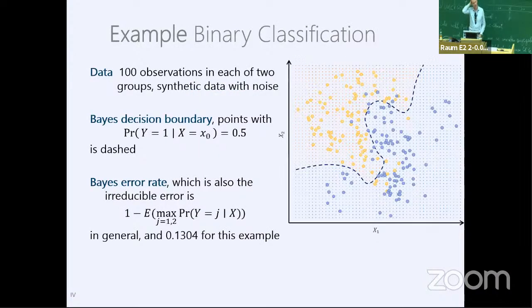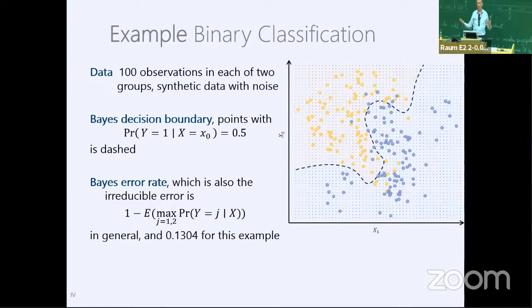So here we have some data that we generated ourselves, 100 observations, 2 classes. We have ochre and yellowish circles, and we have blue circles. And I know exactly what the true generating function is. The dashed line is the line where the Bayes optimal classifier says it's exactly 50-50.